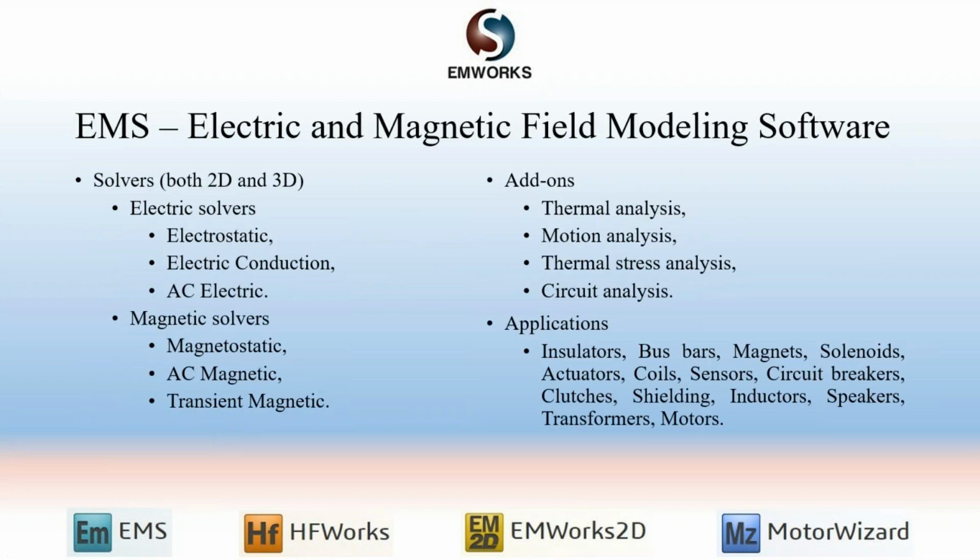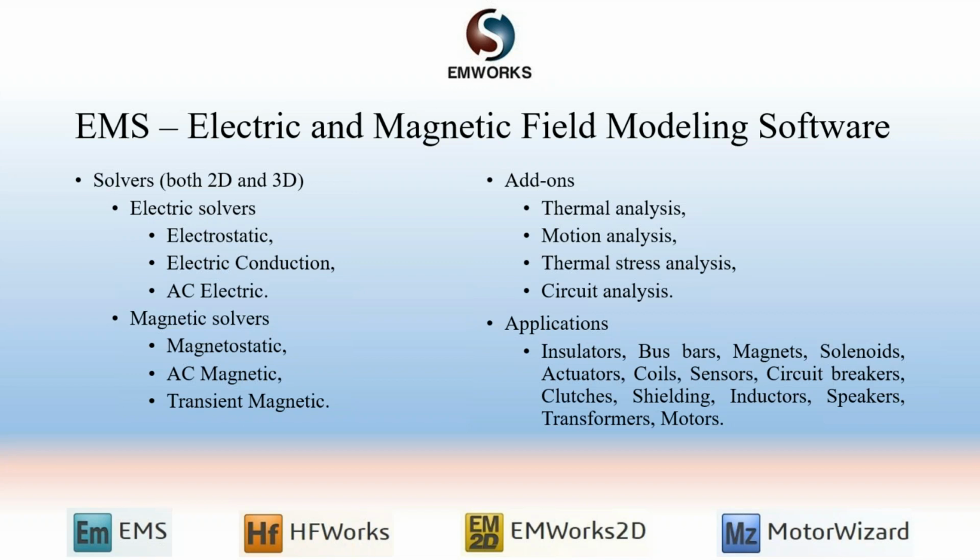Now, let us talk about the product that we will see today. It's called EMS for SolidWorks. It's the electric and magnetic 3D field simulation software. It's got both electric solvers as well as magnetic solvers. The electric solvers are electrostatic, electric conduction, and AC electric.